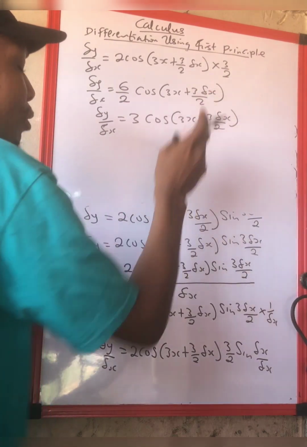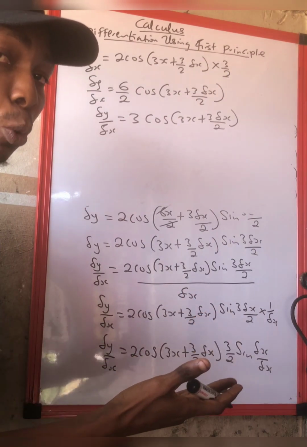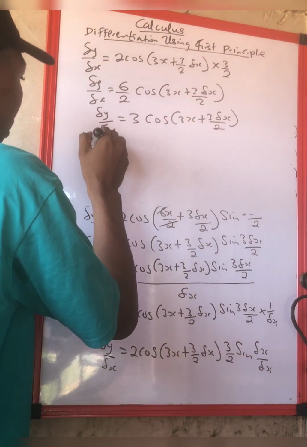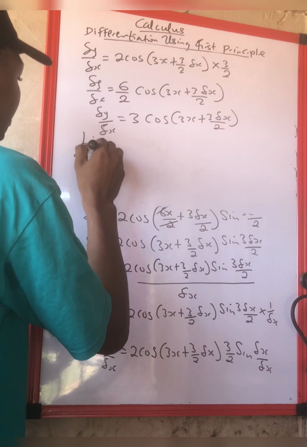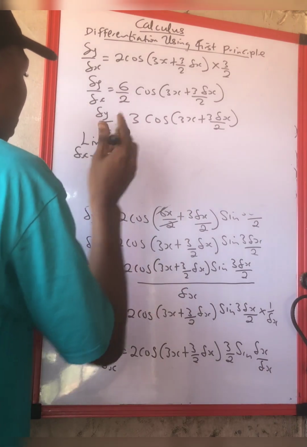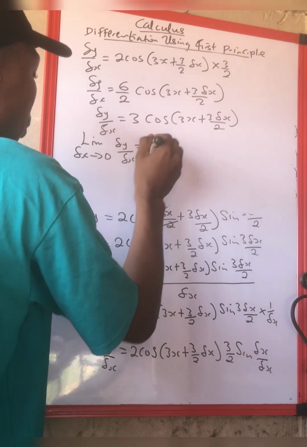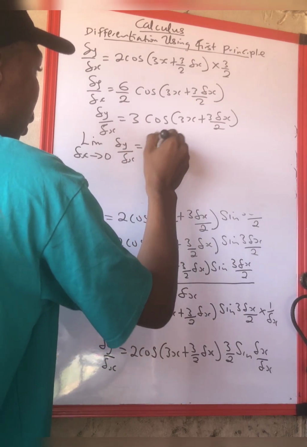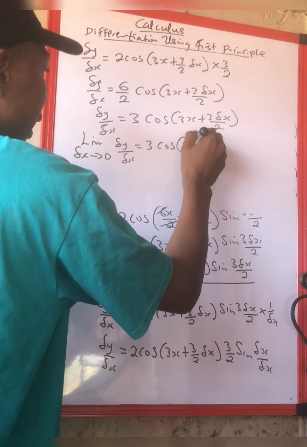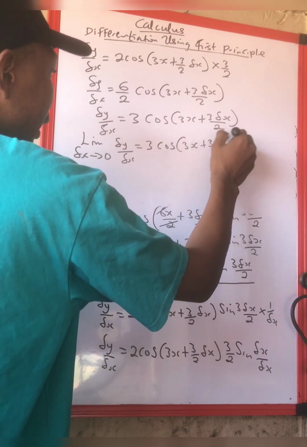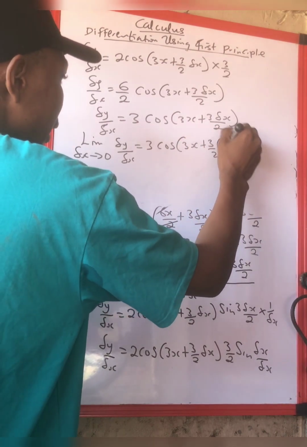Now that we still have change in x, you can limit it to 0. So we have the limit as change in x approaches 0, change in y over change in x equals 3 cos(3x plus 3 times 3/2 times 0).